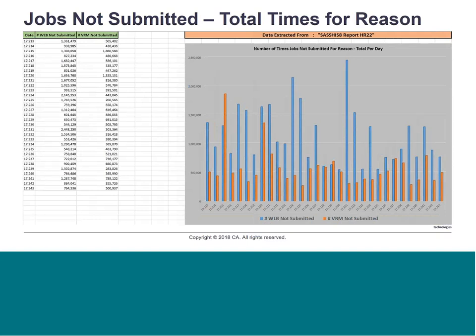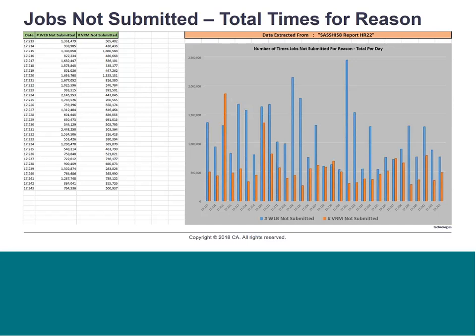So we can start then to break it down. SASIS 8 report HR22 will provide you with the detail about what type of thing was causing the jobs to not be submitted.